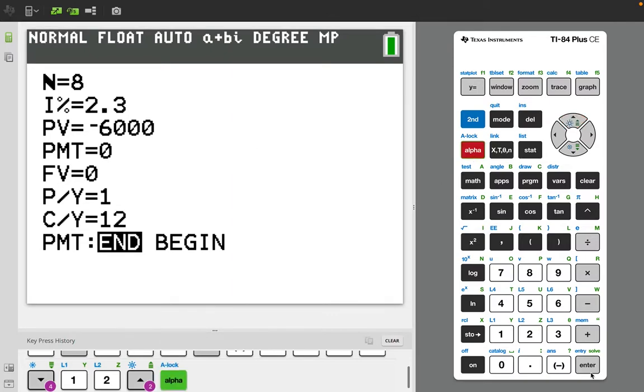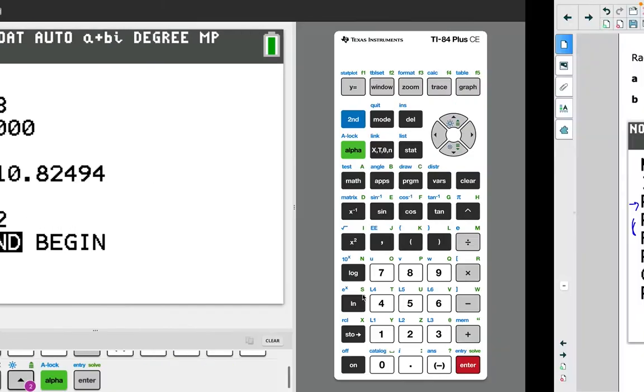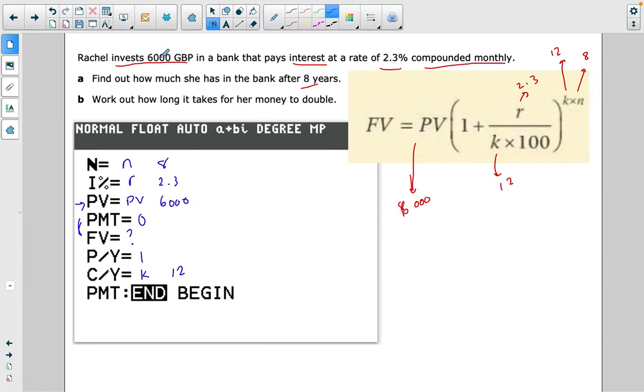You click on alpha and then enter, and that will give you the answer. So 7,210.82, rounded to 2 decimal places. So that would be finding the future value.